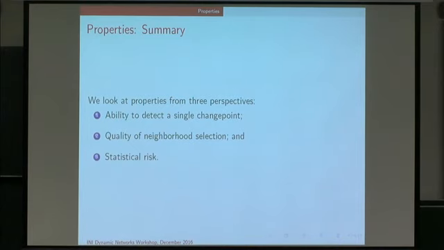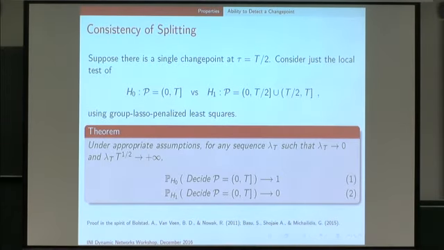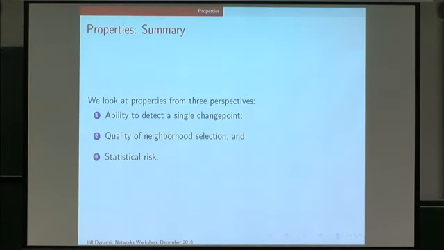Okay, so what we're going to do is look at 3 things. First, what happens if I just look at this subproblem that keeps propagating: do I split an interval or not? If I can't do a good job on that, then sticking it in a large framework is not going to work out well. On the other hand, if I have one interval defined, and I say it's stationary within there, and I want to infer the network, I'd like to show that I can do a good job with that for the same reason.